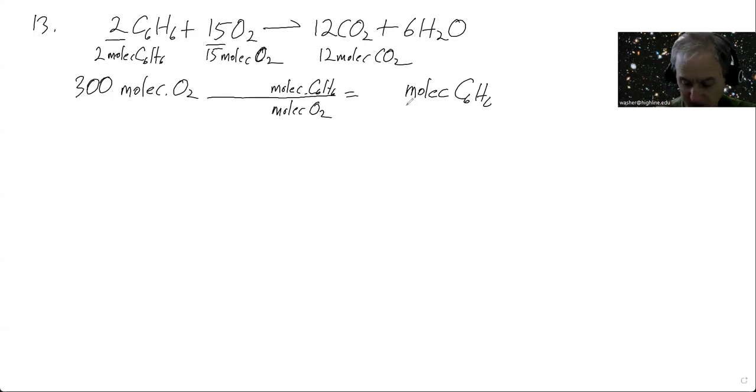That will give me molecules of C6H6, because molecules of O2 will cancel. And the coefficients I need are 2 and 15, because it's 2 molecules of C6H6 and 15 molecules of O2.